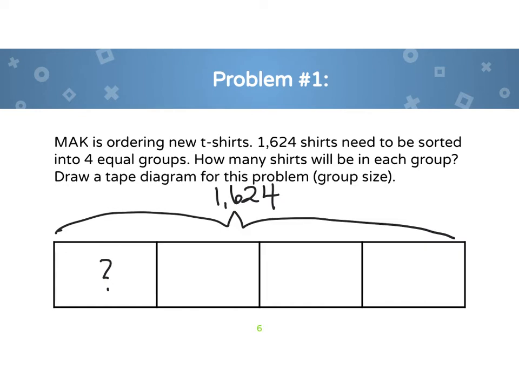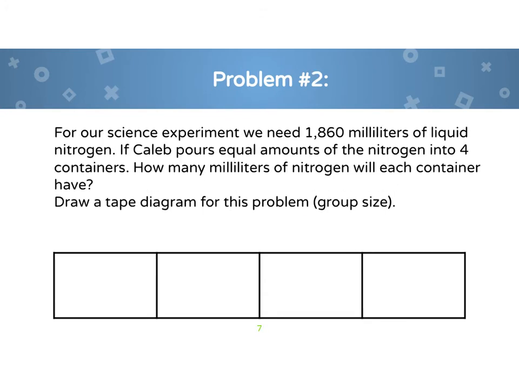And then I would solve the problem and I would tell you how many shirts go in each group. I'm going to just keep this video short, so I'm not going to solve that for you, but our equation would be 1,624 divided by 4. And then this number would tell us how many goes in each group and if we had any left over.